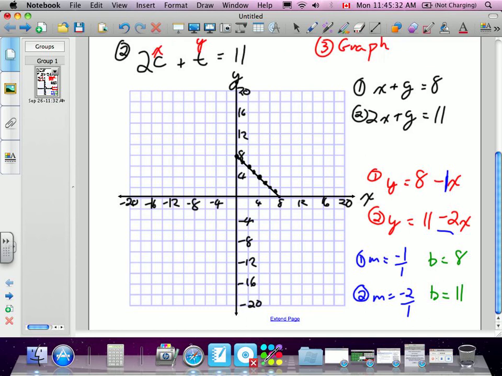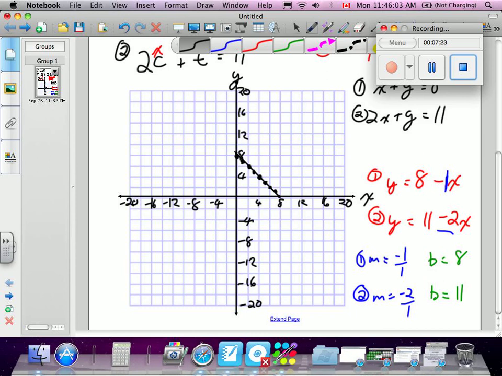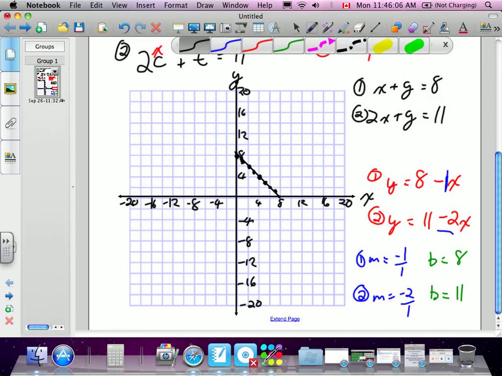Now for our second line, our y-intercept is what number? 11. Okay, so our slope for our second line, we'll do it in red, is 11. 11 is halfway in between. And the slope for this one is down 2.